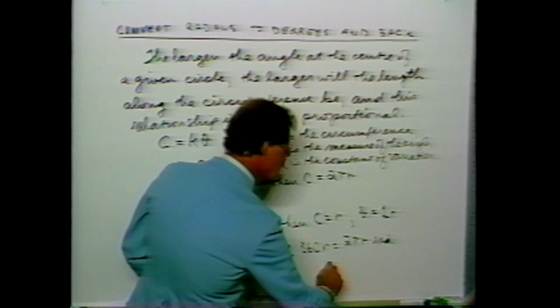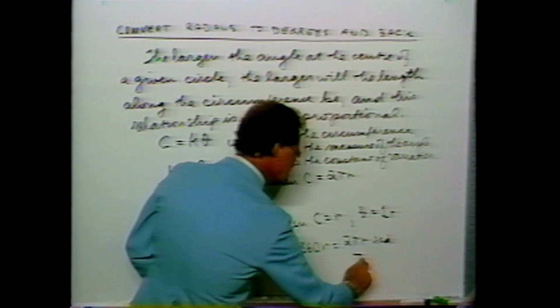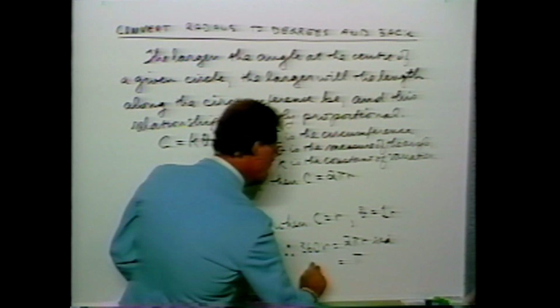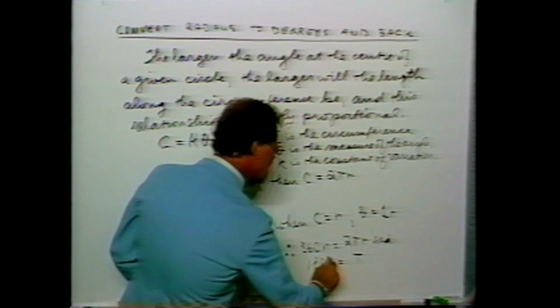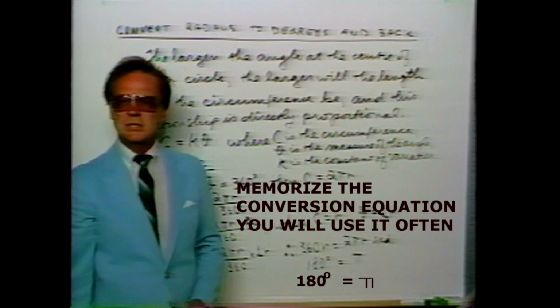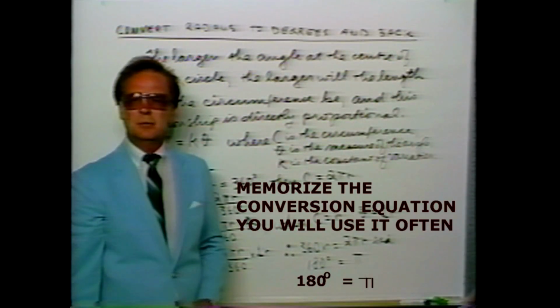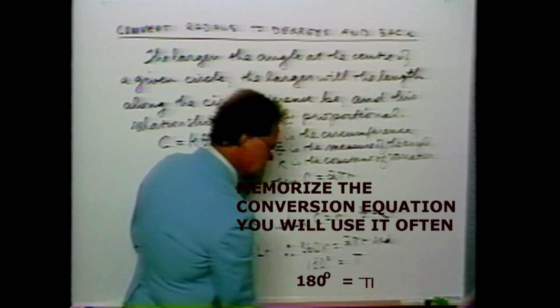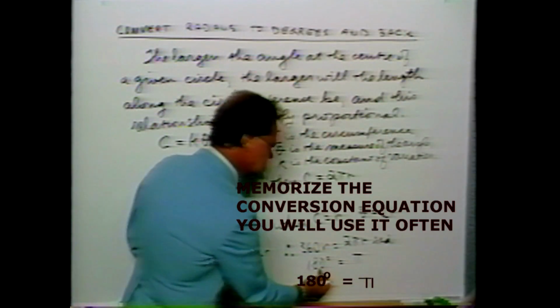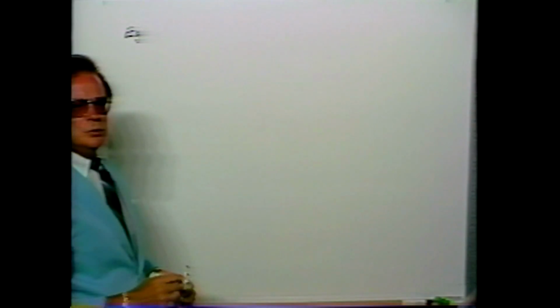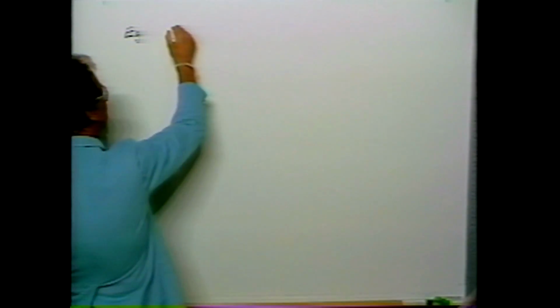Simplifying, we find that pi is equal to 180 degrees. This represents the conversion statement from degrees to radians or from radians to degrees. For example, convert 240 degrees to radians.